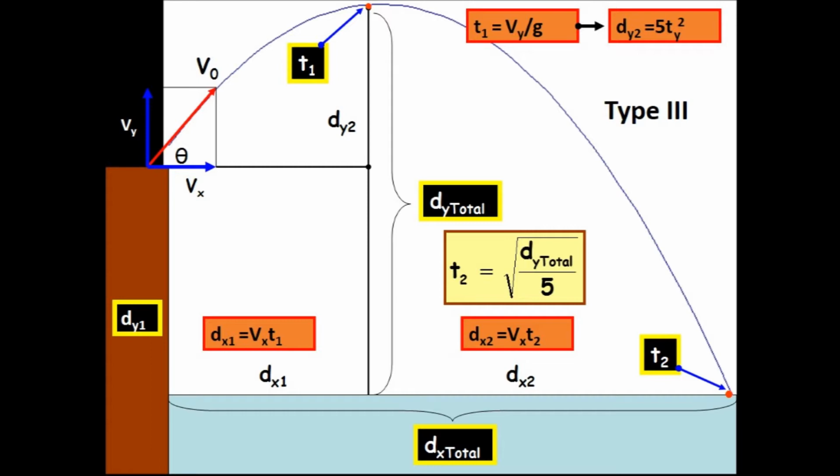Dy2 is going to be 5 Ty squared. And so the number one overriding problem with doing type 3 projectile motion is keeping all of the equations straight and when you use them. And that shall be done with a lot of practice.